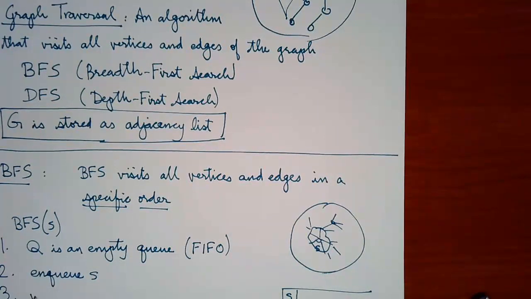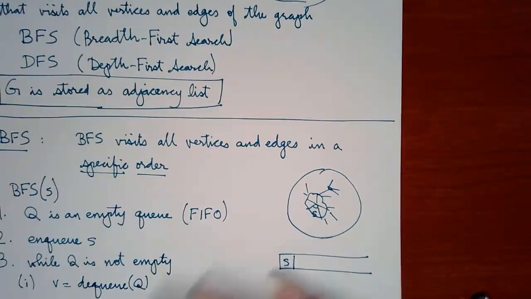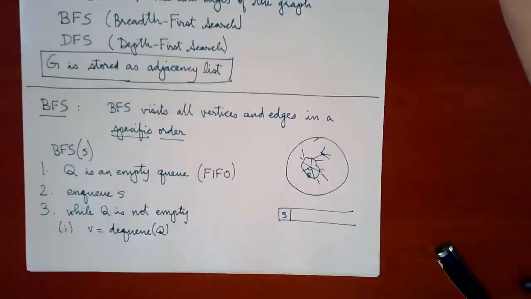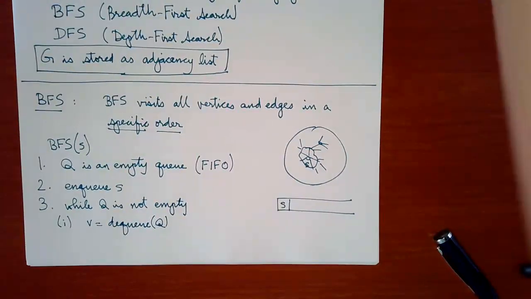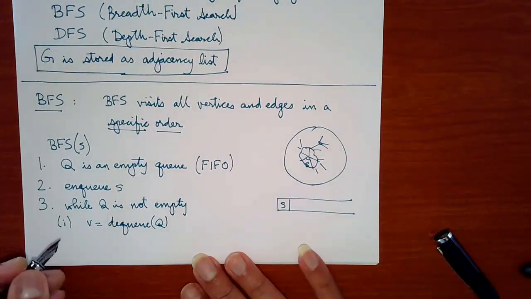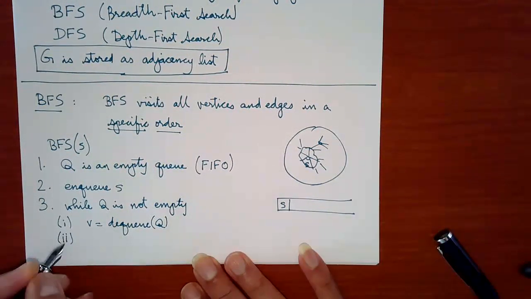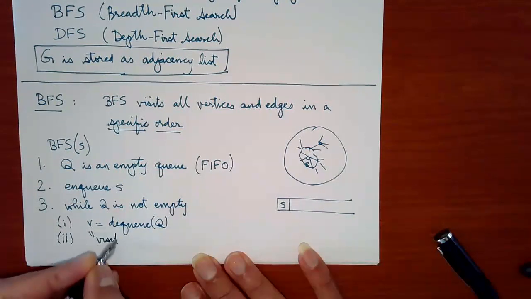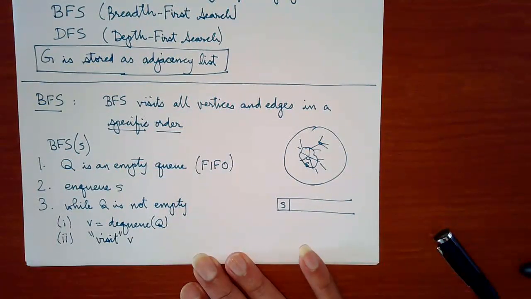And then it's going to say while queue is not empty, you're going to dequeue from the queue. You're going to do something called visit, which of course I have not specified what visit is.